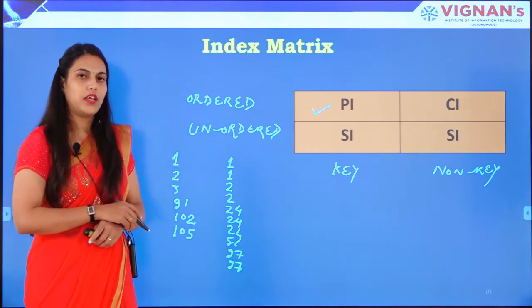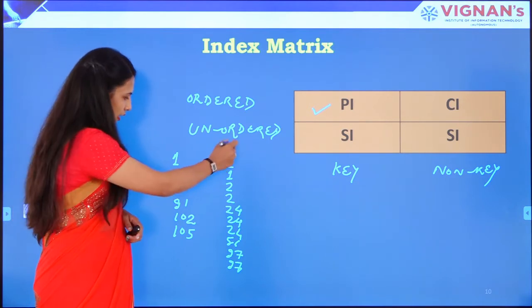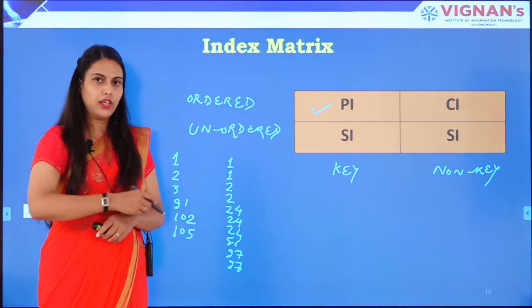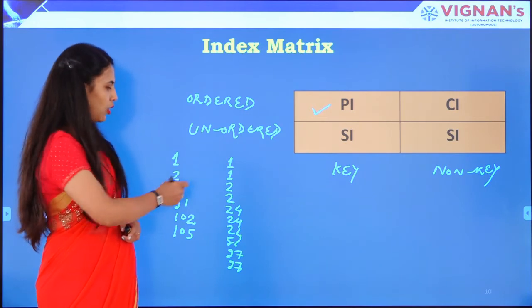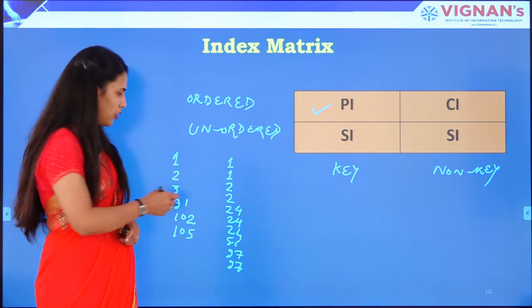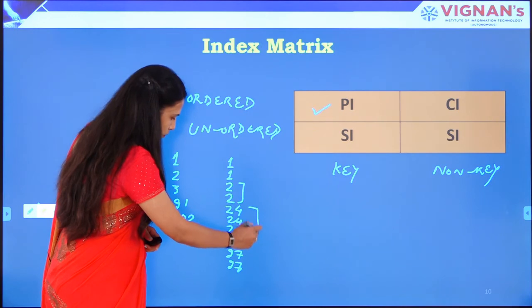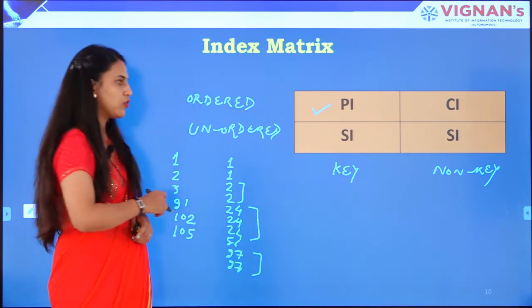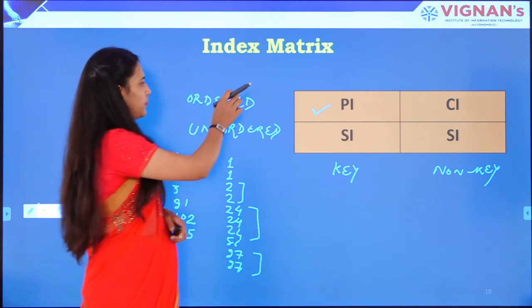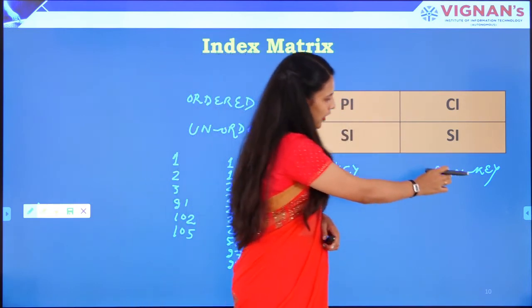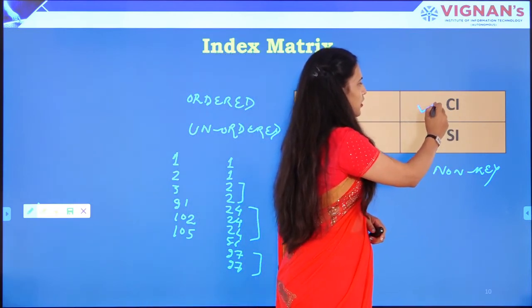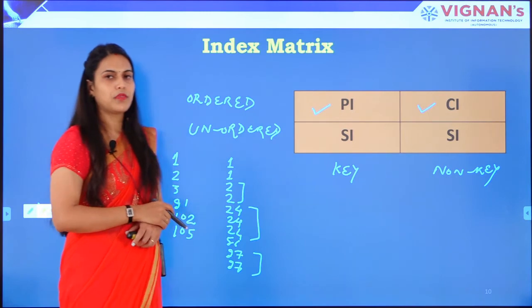So see, in this situation, the data is ordered in ascending order, but it is not having unique values because the data values are repeating itself. So whenever the data is ordered and the value is non-key, clustered index is used.